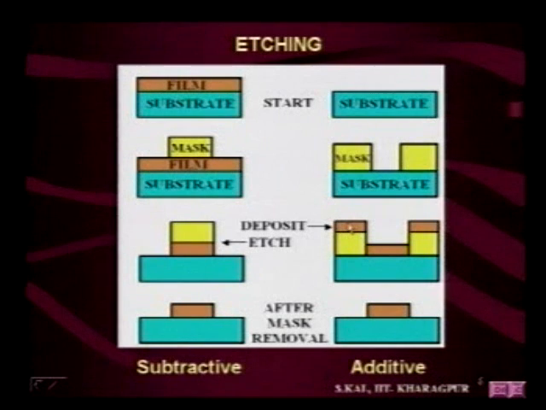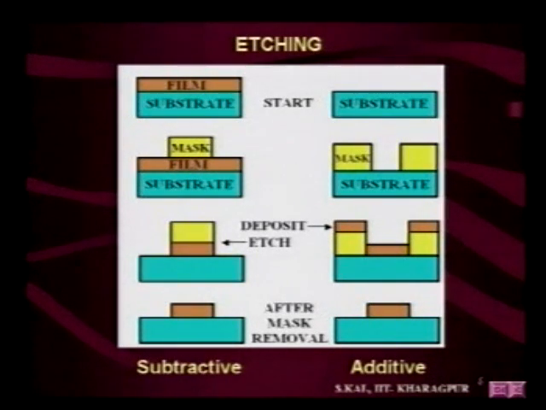Okay. So here always the photoresist thickness should be larger than the film thickness. That means in the lift off technique, the additive method of pattern transfer, you cannot use photoresist which is less viscous. Thicker photoresist has to be used, and spin speed has to be very low, so that you can get a larger thickness of resist film over the substrate material.